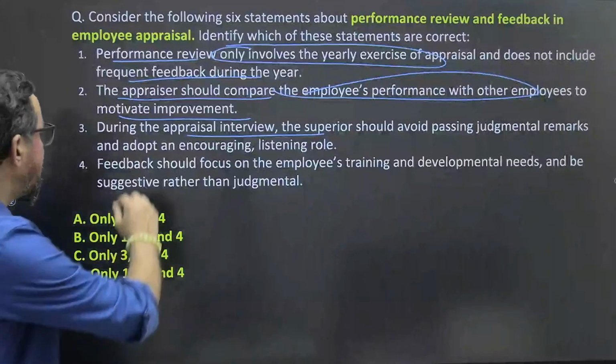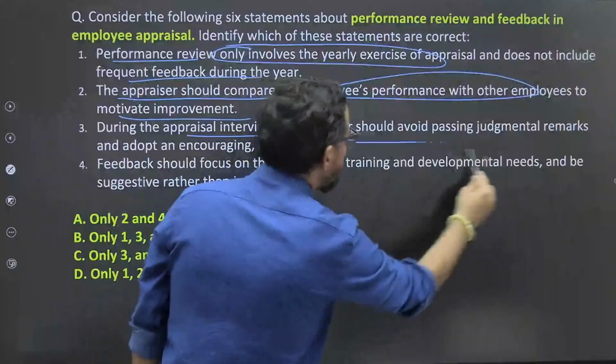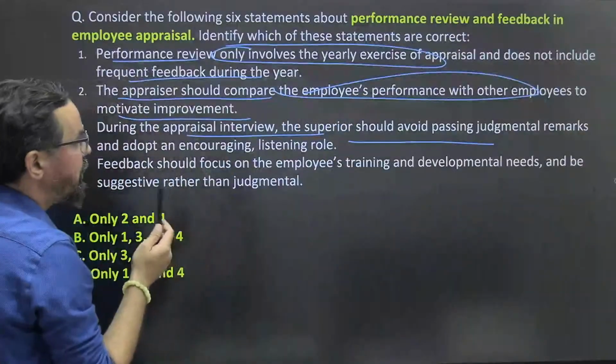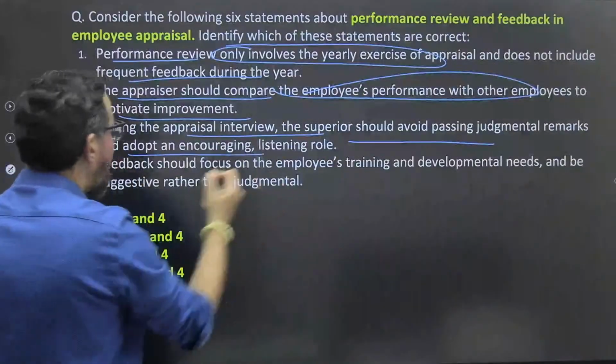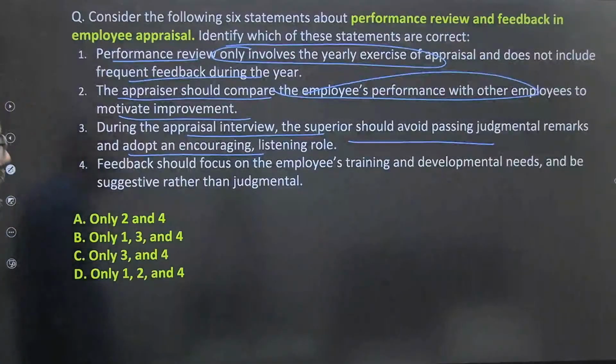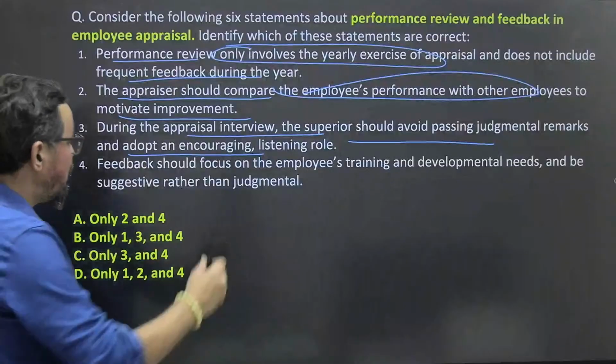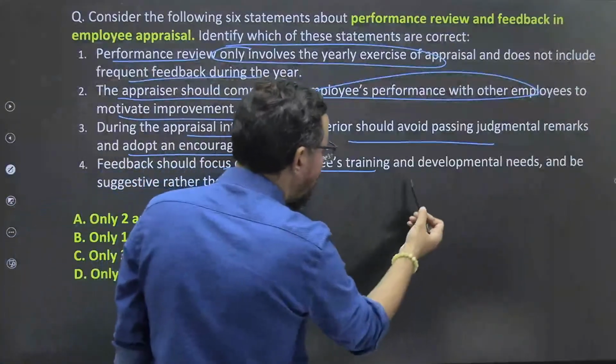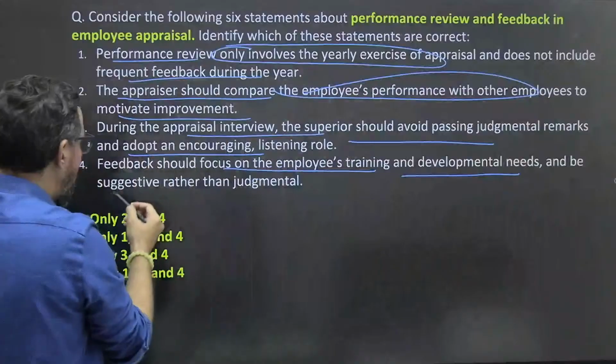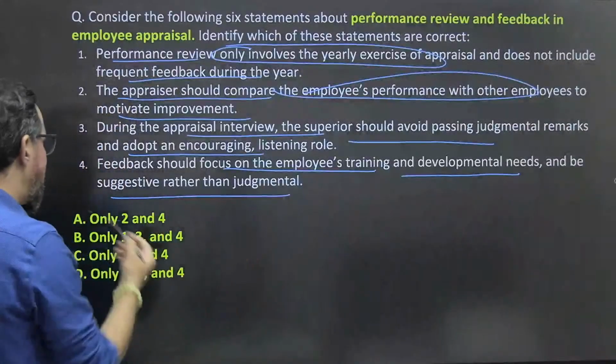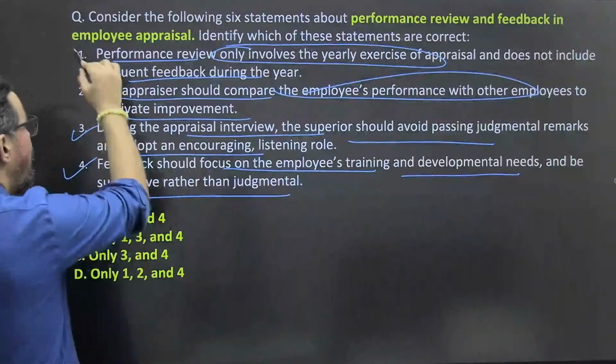So during the appraisal interview, the supervisors should avoid passing judgment remarks and adopt an encouraging and listening role आपका. The fourth one is feedback should focus on employees' training and development needs and be suggestive rather than judgmental. ठीक है, so these two statements are 100% true and these two are wrong.